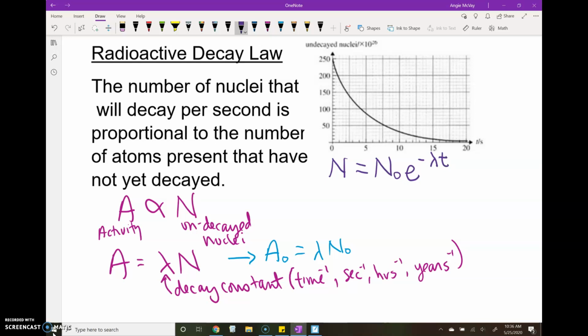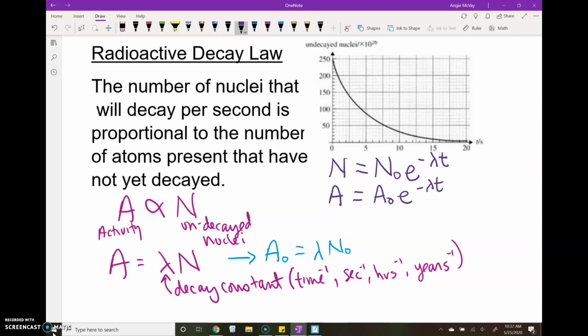All right, similarly, we could write this in terms of activity, right? Since the activity is proportional to the number of undecayed nuclei, we could write just a very similar equation for activity. Activity is equal to the original activity times e to the negative decay constant times time.